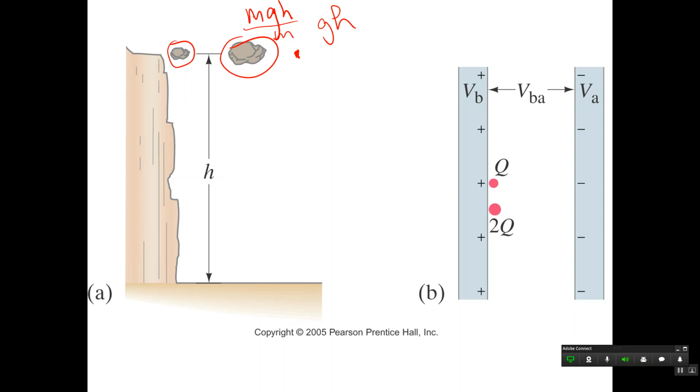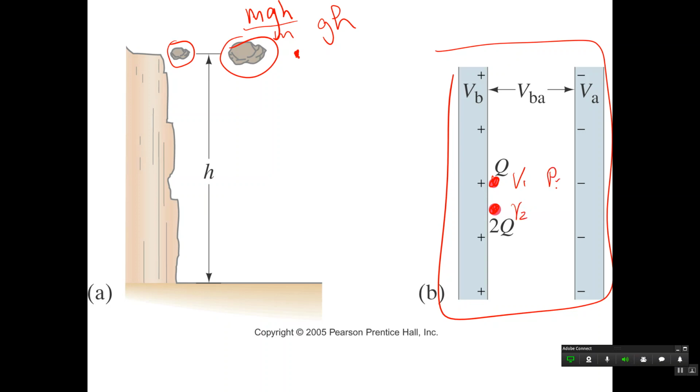And that's similar to an electric field. So here I have parallel plates, and a charge that's Q or a charge that's 2Q. One of them is going to have more potential energy, but they have the same potential. So the voltage of these two is going to be the same. V1 is equal to V2.